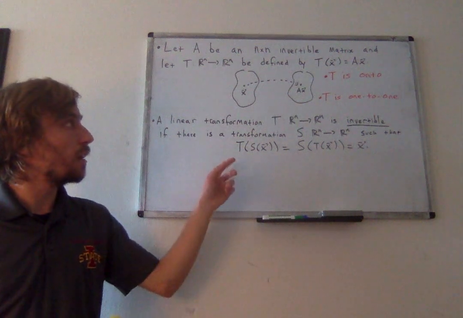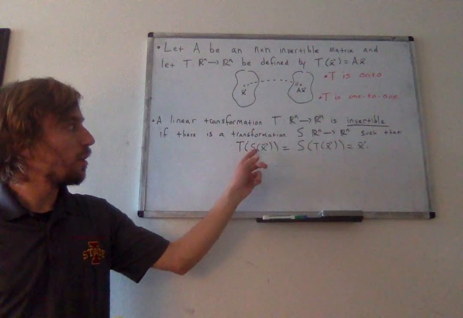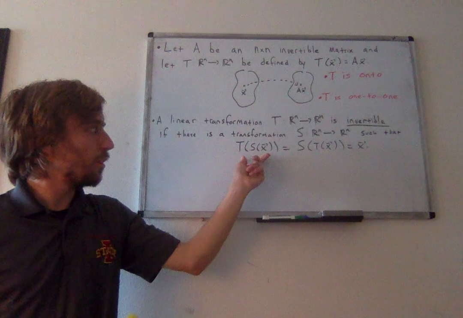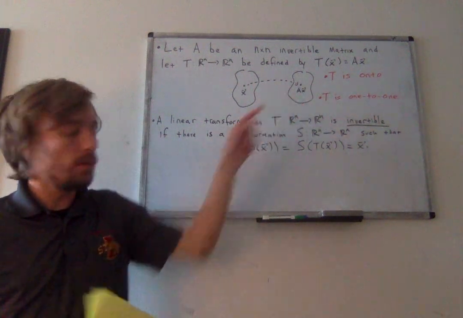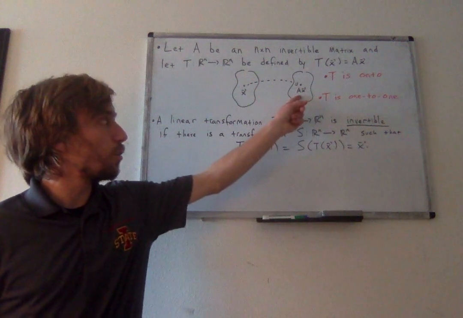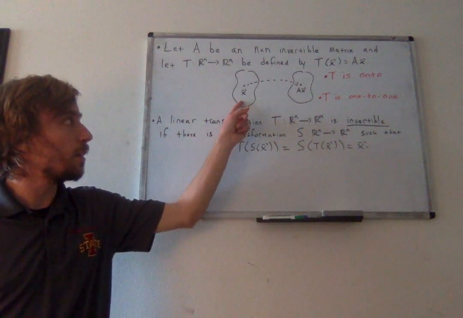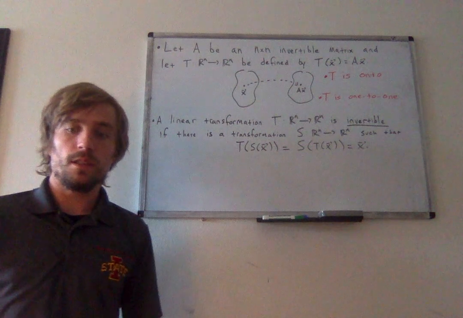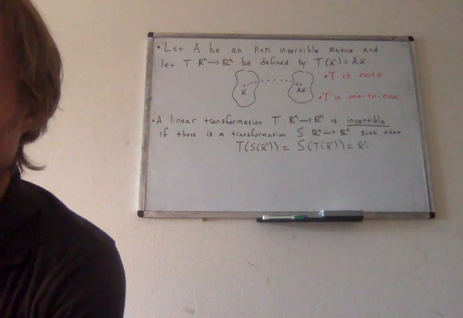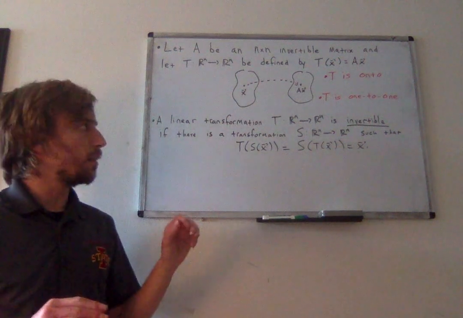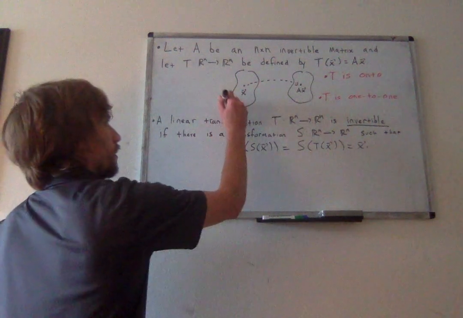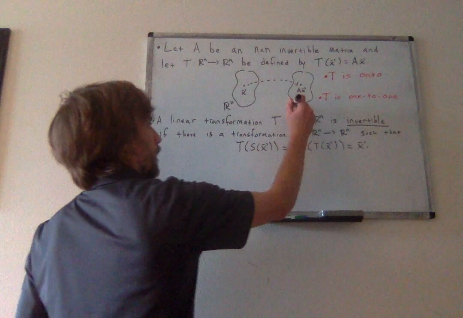If T was not onto, then this part wouldn't make sense, because I could find some vector in the codomain that would map in here, but then T wouldn't be able to send a vector back. So maybe I'll take a step back and draw what I'm talking about.